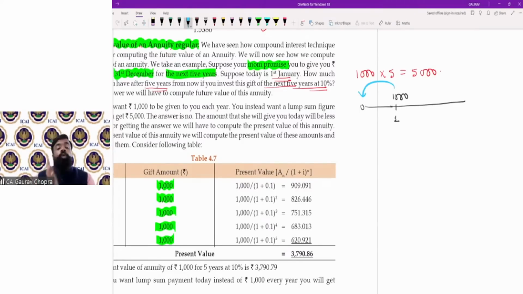So you have to move 1 year backward. तो आपको एक स्टेप पीछे जाना पड़ेगा, एक साल पीछे जाना पड़ेगा. तो उस एक साल की कैलकुलेशन कैसे करेंगे? So present value is equal to future value, 1,000, divided by 1 plus I and power 1 because you are receiving 1,000 after 1 year. So you can calculate how much you are getting.